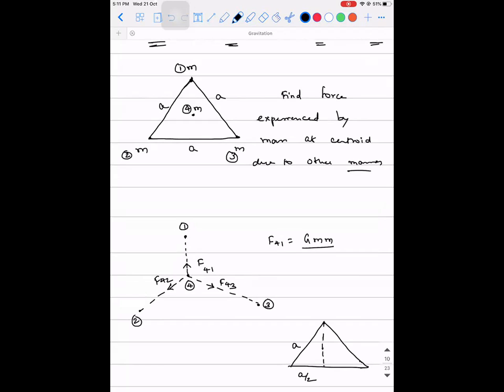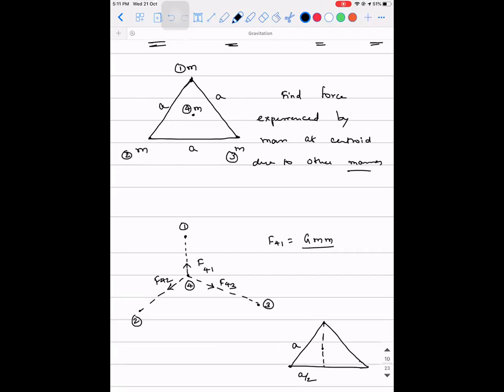So, can you at least tell what is a centroid? What do you mean by centroid? The center of a triangle. Center, how did you obtain it? Sir, where the medians intersect. That's right.